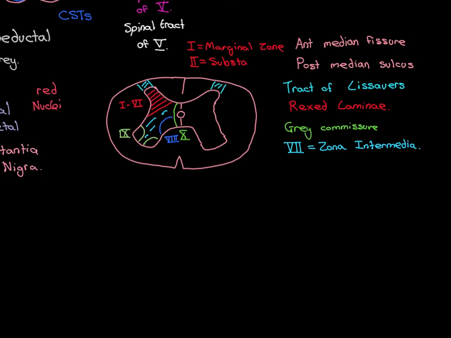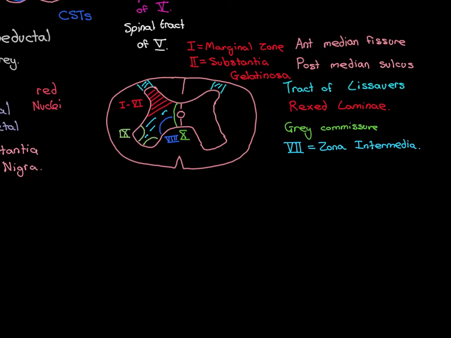Now, why am I so keen on this one? Because this is actually the continuation, effectively, of the spinal nucleus of the trigeminal nerve. This is where second-order neurons that are part of the spinal nucleus of the trigeminal nerve, that's actually in the cervical regions of the spinal cord, will have their cell bodies. So this is substantia gelatinosa, Rexed lamina number 2.